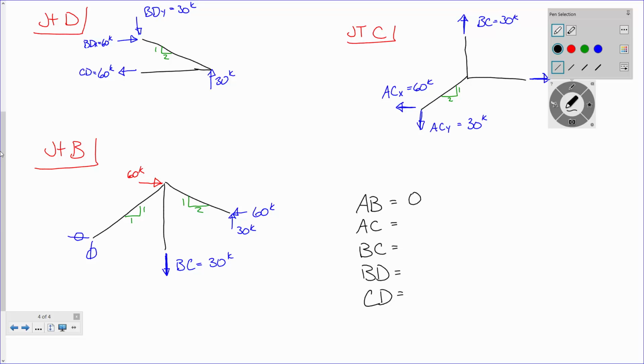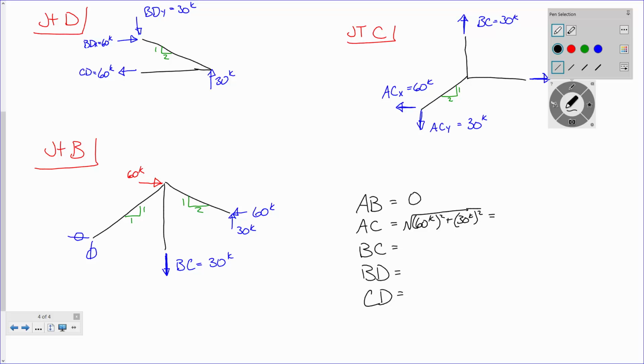Now, AC, how are we going to calculate AC? Well, it's a diagonal, right? I got 60 kips and 30 kips. So what popular theorem am I going to use? Begins with a P. Pythagorean theorem. So this is just 60 kips squared plus 30 kips squared.